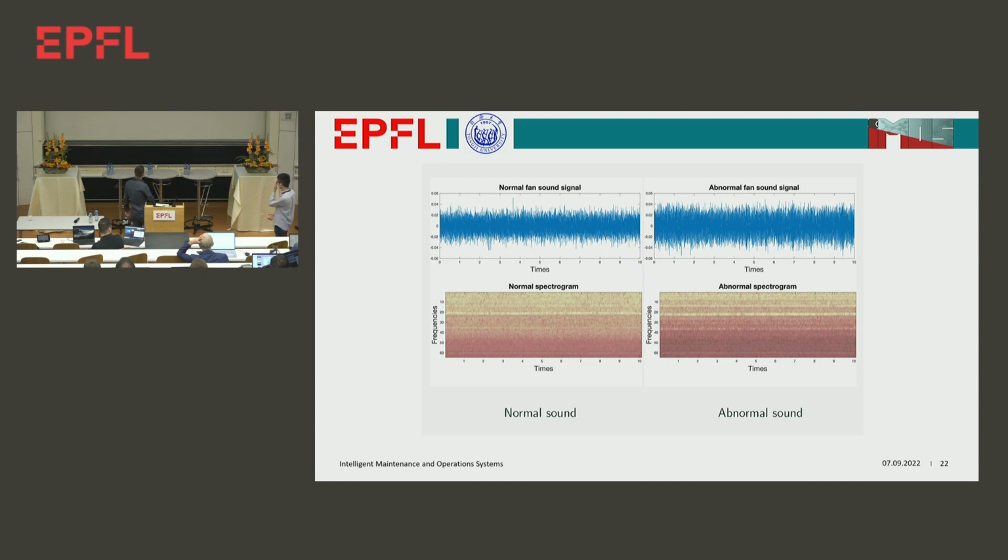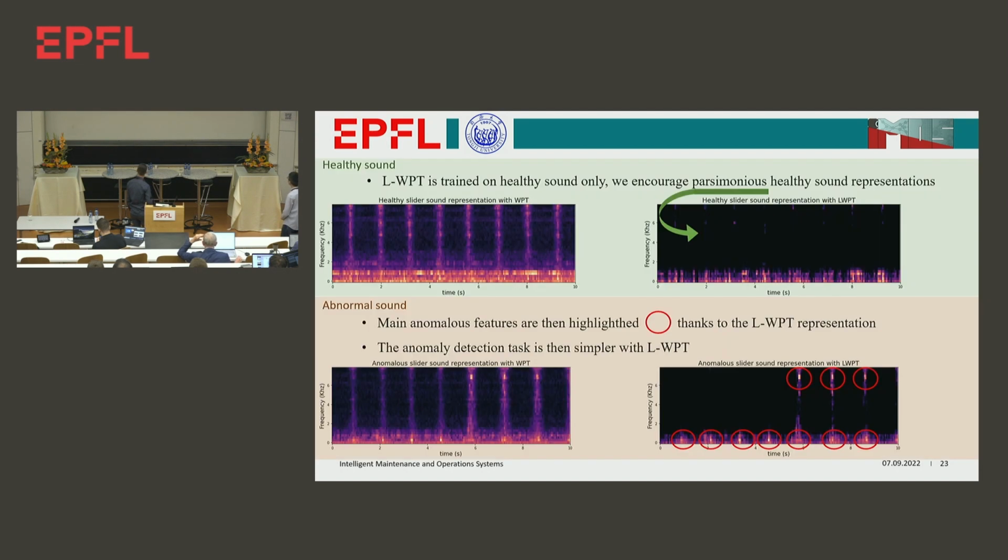And the idea is to perform anomaly detection. The idea of anomaly detection is that the anomalies are rare and not necessarily representative of all the anomalies that can happen in the system. So we will do the learning on the normal signals only. Here is an example of what happened.